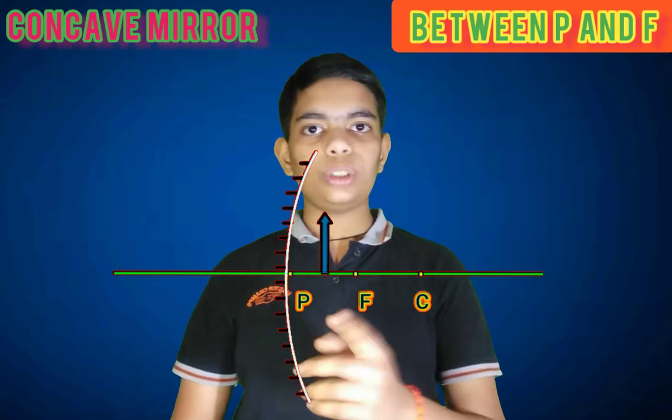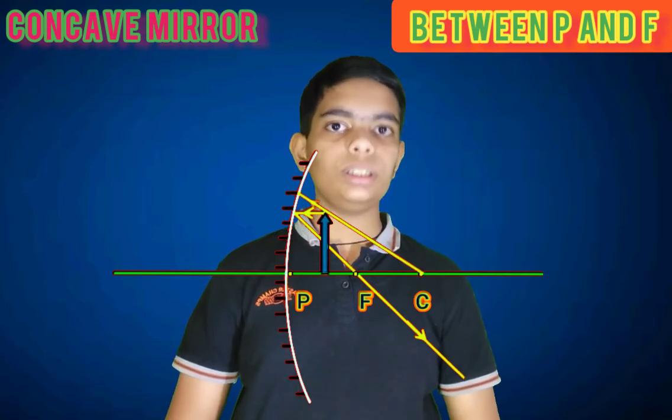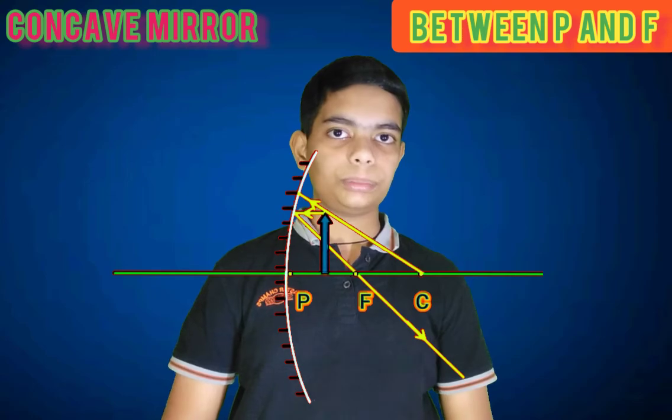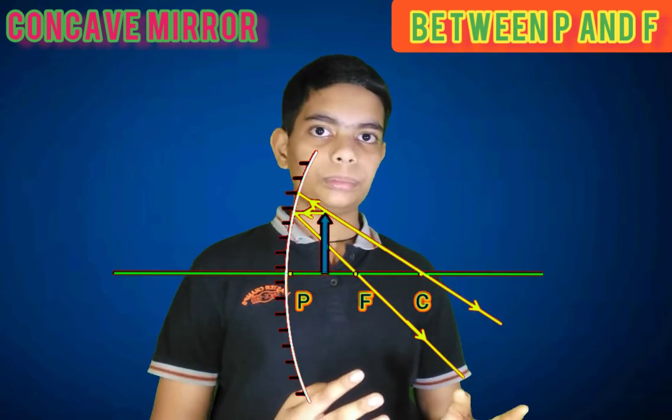So now let us see the last and the final case when the object is placed between P and F. So the first ray is parallel to the principal axis and passes through the focus. The second ray, which appears to come from the center of curvature after reflection, traces along its same path. Here you can see that the 2 rays are divergent.